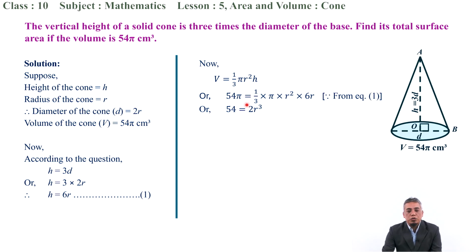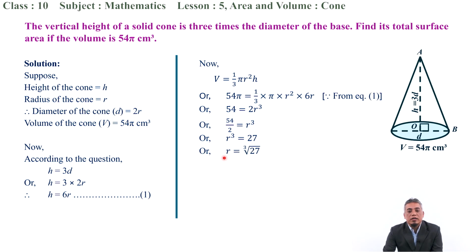And now this 2 is going to divide this 54, giving on this side r cube equals 27.